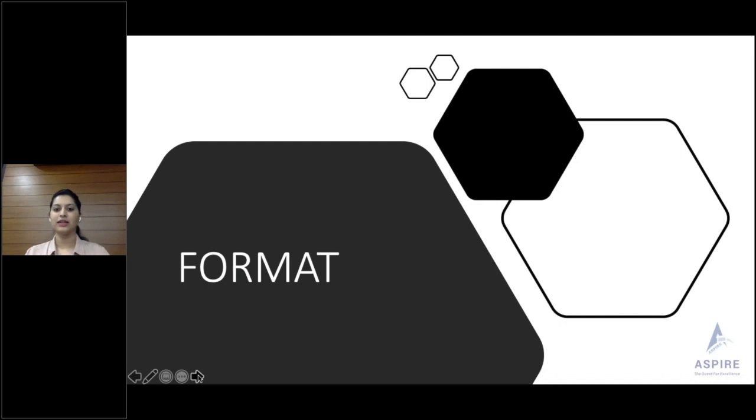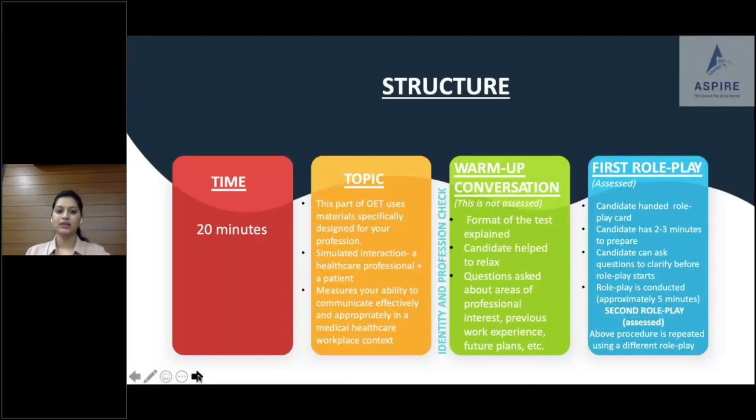All right, let's begin the session by taking a look at the format. So the basic structure, this was discussed in the previous introduction class, but we'll be going in depth this time. The OET speaking subtest runs for 20 minutes, and the topic is specific to the profession.